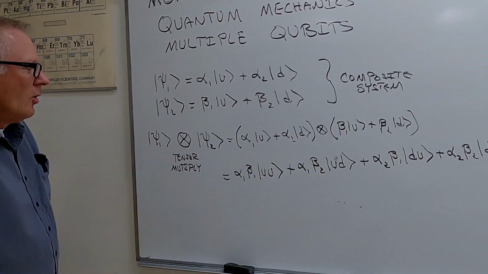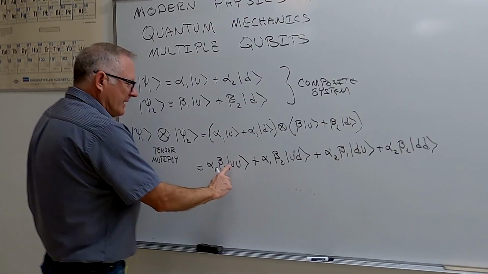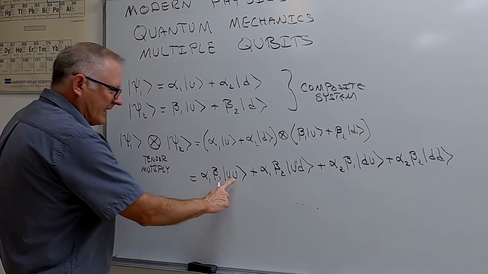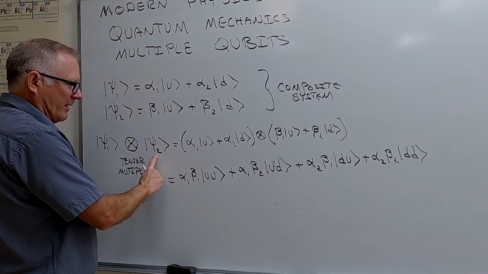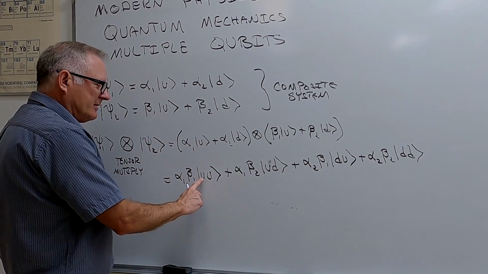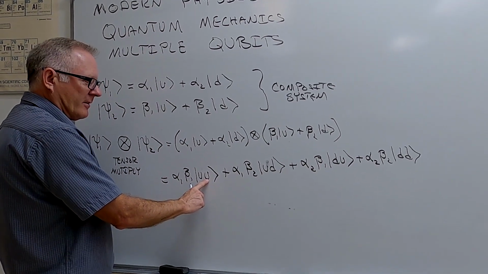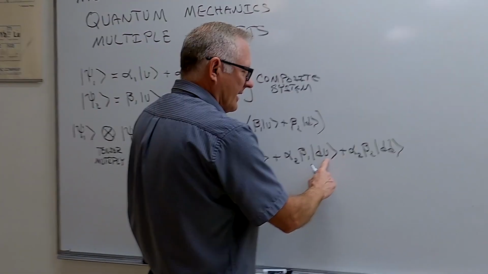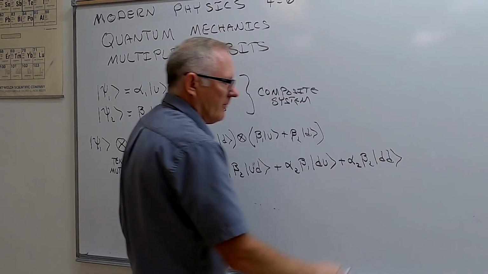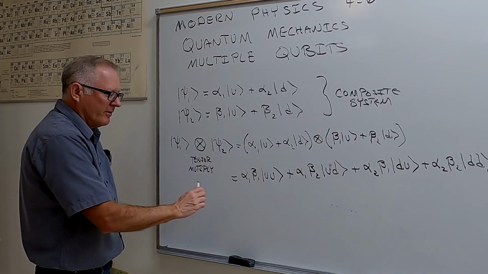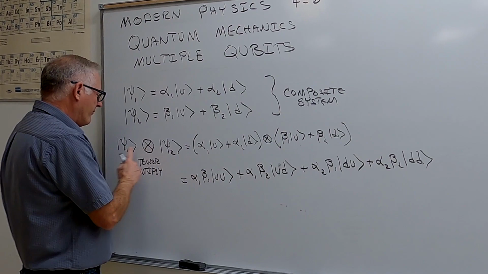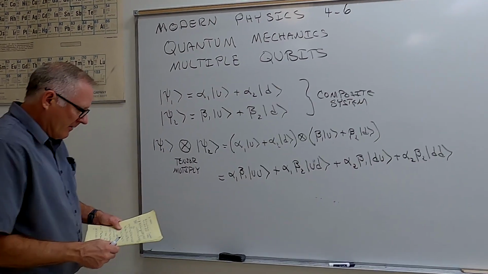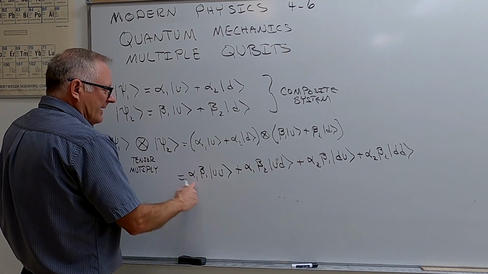Now, what this really means is the first up corresponds to the first particle, and the second up corresponds to the second particle. So this is the first particle's up, the second particle's up; first particle's up, second particle's down; first particle's down, second one's up; here, they're both down. So you don't change the order of this. This is always for the first one in your tensor, and this is always the second one. Now, this is just a constant.